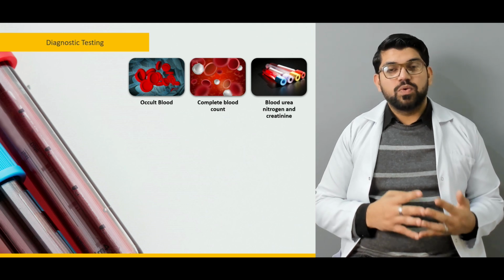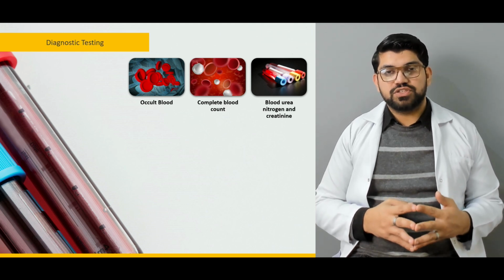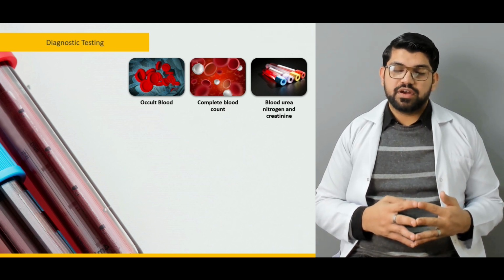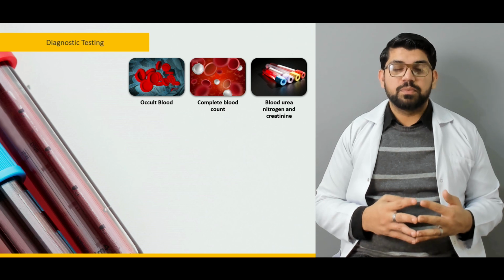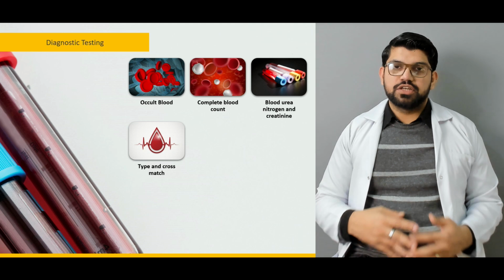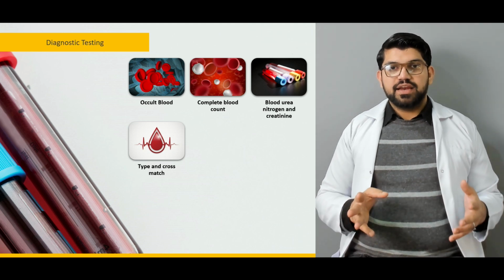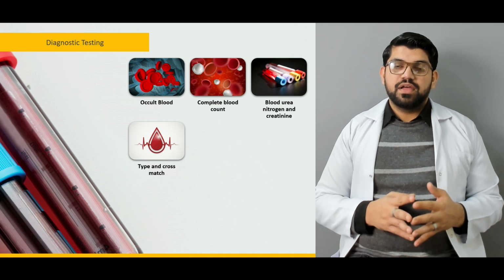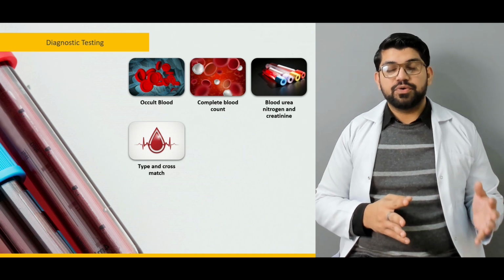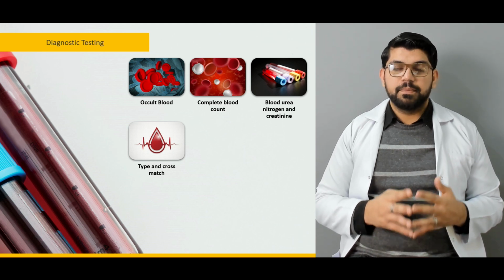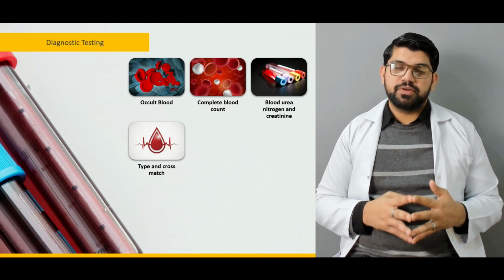Patients who are organ compromised due to hemorrhagic shock won't be able to make enough urine, or urinary output could be less. Type and cross-match. Again, blood should be replaced with blood. Crystalloid infusion can help you for some time to maintain the intravascular volume, but blood should be replaced with blood.